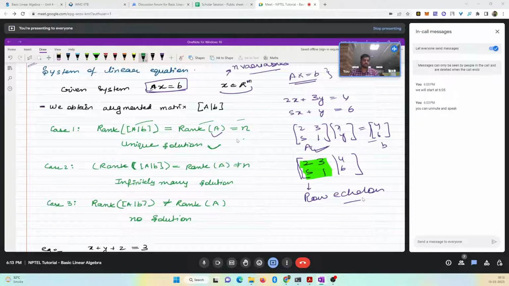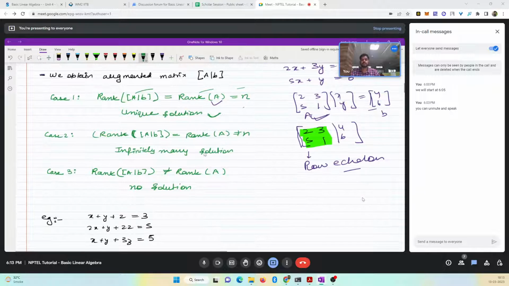We will have a look at some examples. If the rank of A augmented with b is equal to the rank of A, but this is not equal to n, that means it is less than n, then your system has infinitely many solutions. The third case is if the rank of the augmented matrix is not equal to the rank of A, then your system will have no solution.